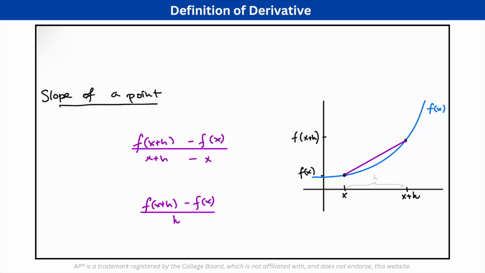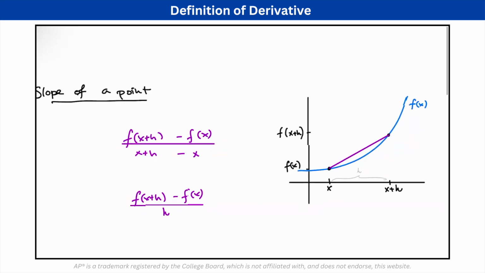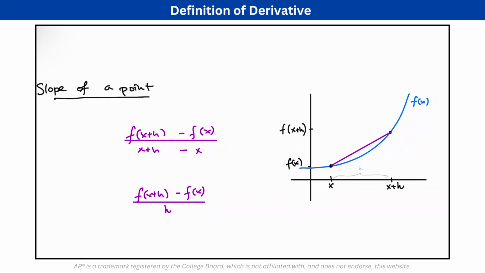How do we make sense out of this slope of a point, this thing right here? If you ask this to Algebra 1 students, they'll be like, what are you talking about? We can only find slope of 2 points. There's no such thing as slope of a point. Slope of a point, it's a lie.